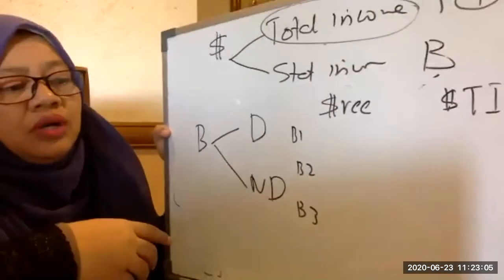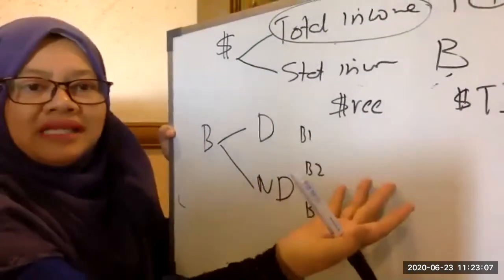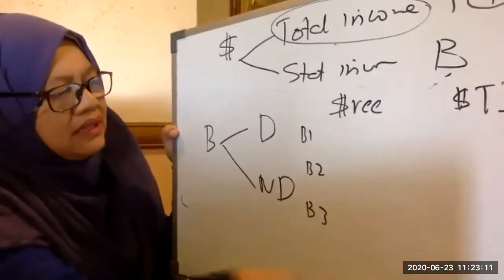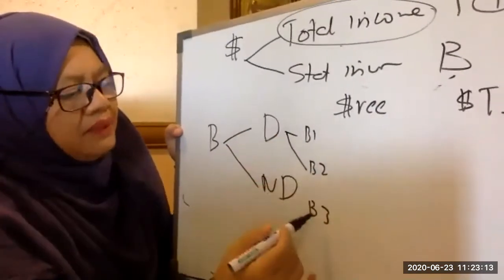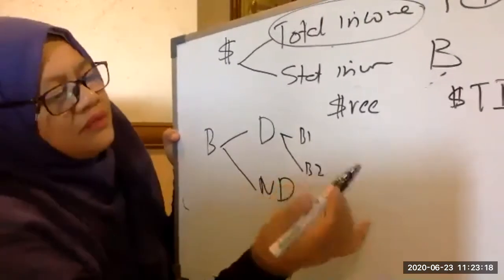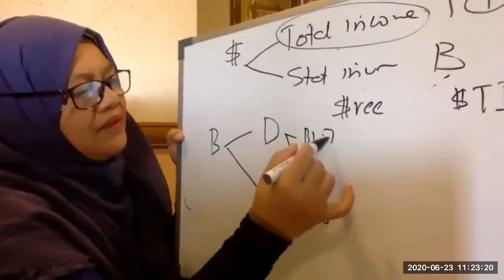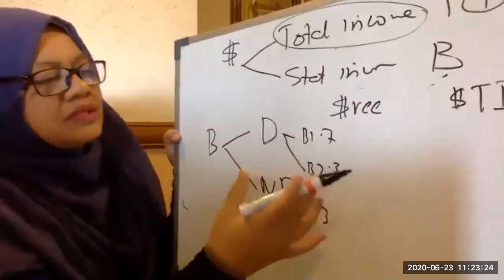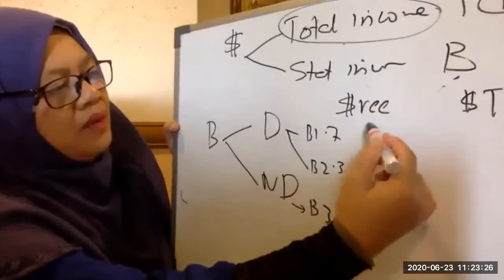You have to look into how much, for example, based on the amount received. Let's assume that B1 and B2 are discretionary and B3 is a non-discretionary trust. So in that case, you have to see, for example, here is 0.7, here is 0.3, right? And B3. So you have to determine how much the amount received is.